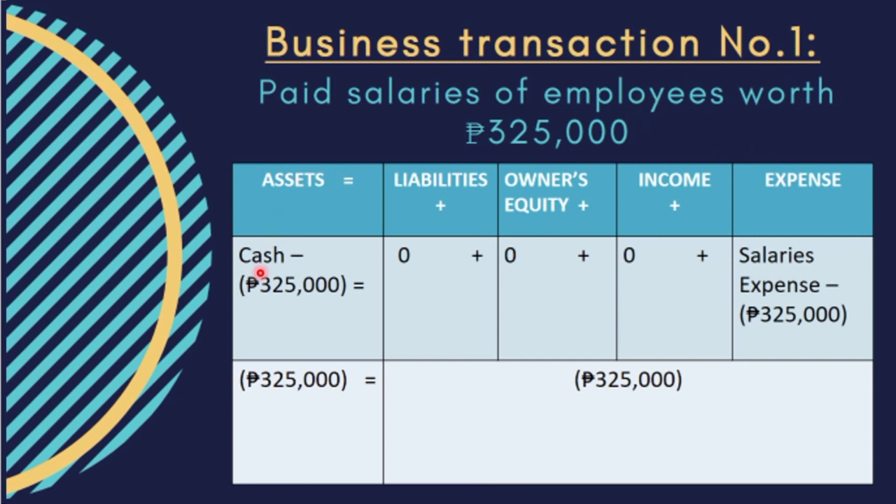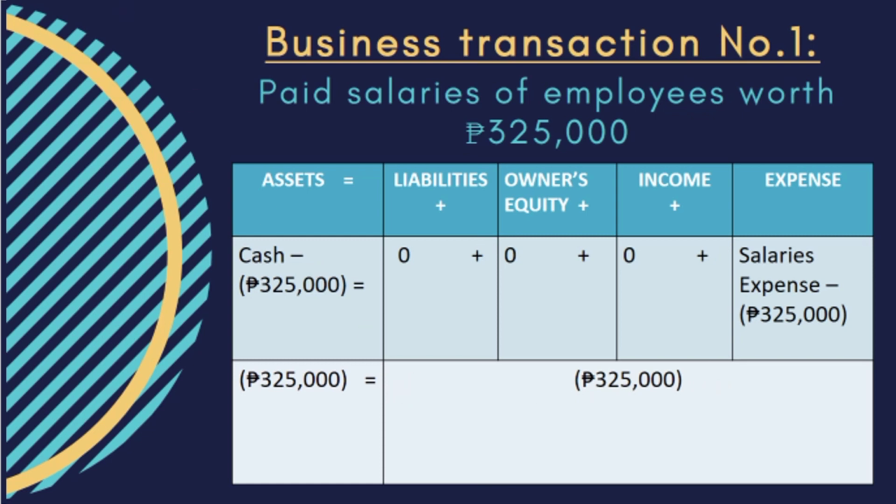So for the assets, it's negative 325,000, indicating a decrease in cash because of the payment of salaries. Expense, 325,000. Again, use the accounting equation. The asset side is negative 325,000, then the liabilities plus owner's equity plus income plus expense is negative 325,000. Therefore, this is balanced.